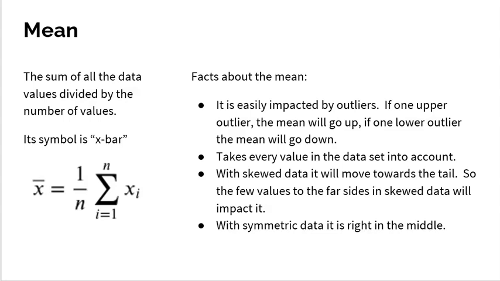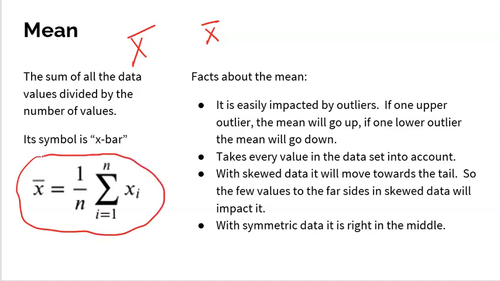Now, in this class, the symbol we use for the mean of a sample is x bar. It's literally pronounced x bar. It's an x with a bar over top of it. And this is the formula for x bar. It's kind of a confusing formula to most kids that are pretty new to this. But just think back, right? To find an average or a mean, all you do is add all of your values together and divide by how many values you have.